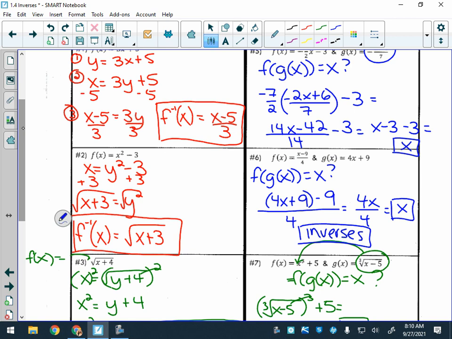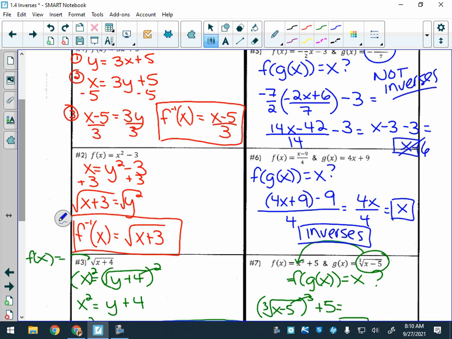Okay, I wanted you to get this; it was a tricky one because of the negatives and the fractions. So anytime you're going through this, and you have something left over besides x, they're not inverses of one another. Okay?